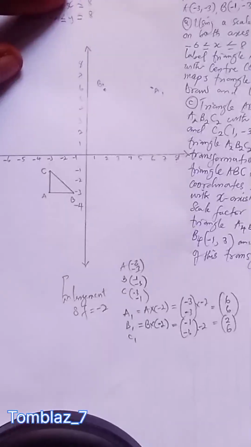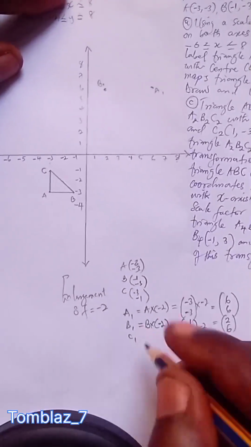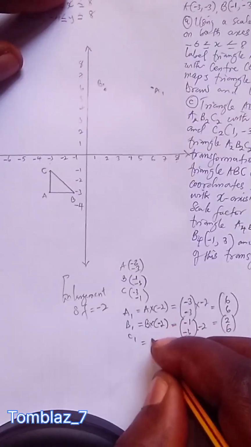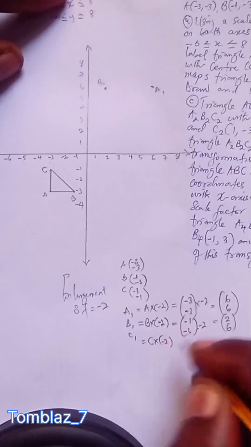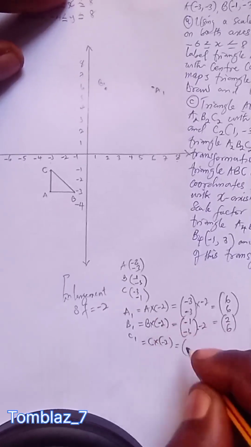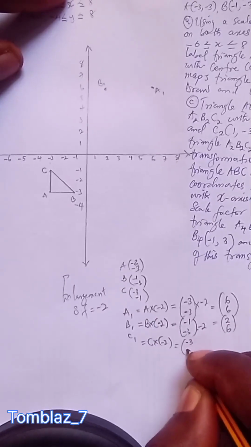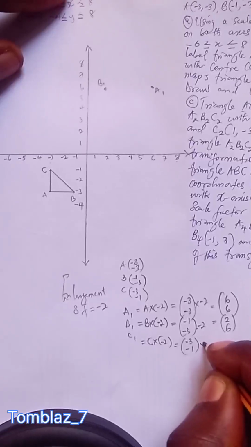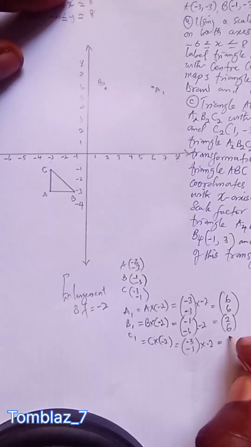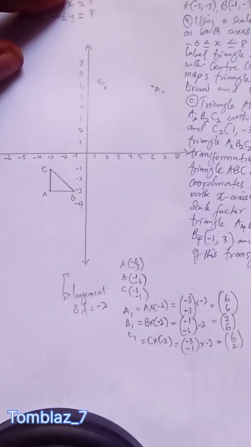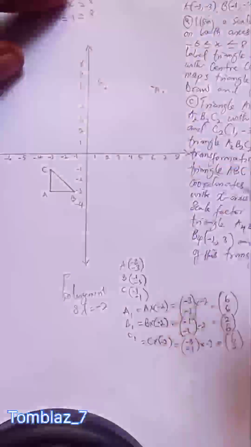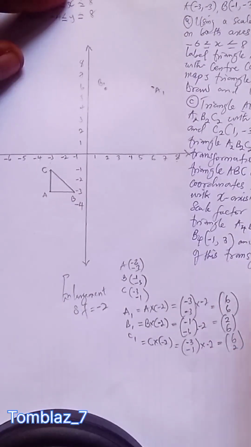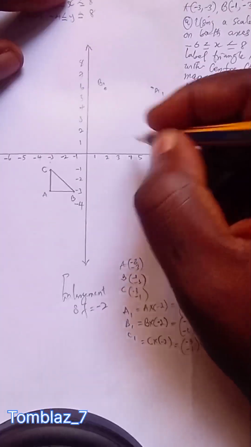Then for C1, we're going to be having C times minus 2, which is the scale factor, and C is minus 3, minus 1, times minus 2. So it's going to give you 6 and 2, right? So let's trace plus 6 and plus 2. This plus 6 and this plus 2.